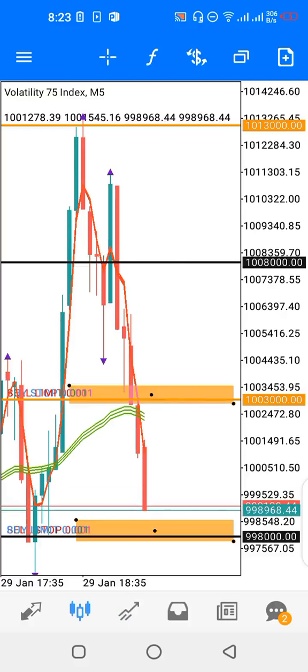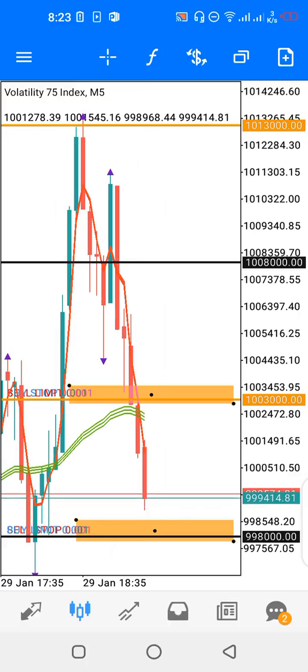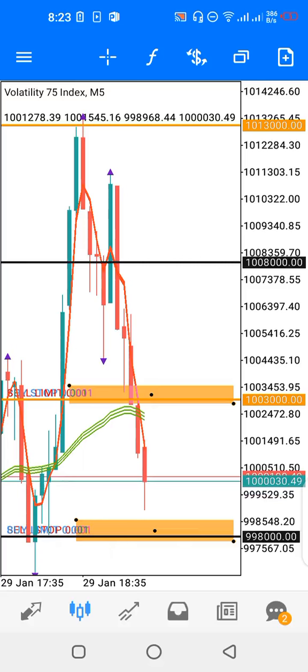So if I have $600, I'll be starting with 0.002. If I have $900, I could be starting with 0.003. So for every $300 you can use 0.001 as a starting lot size.